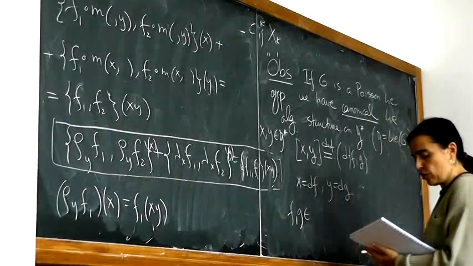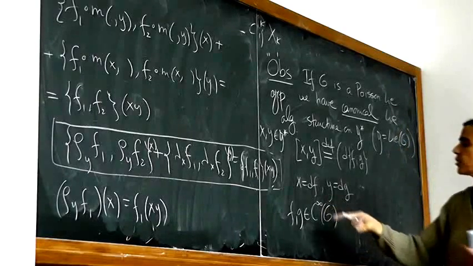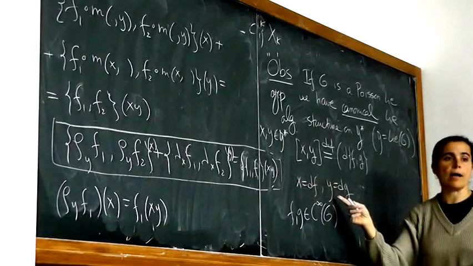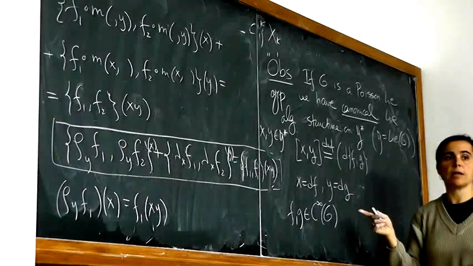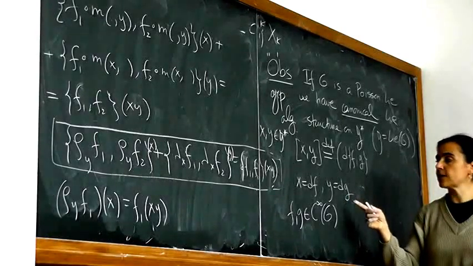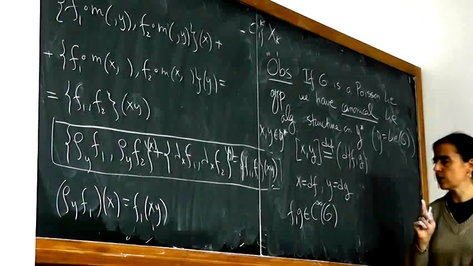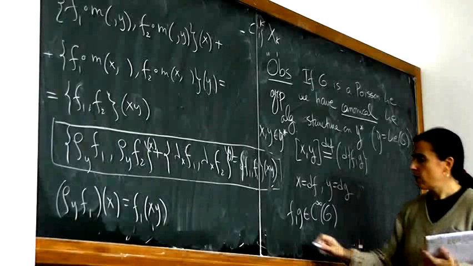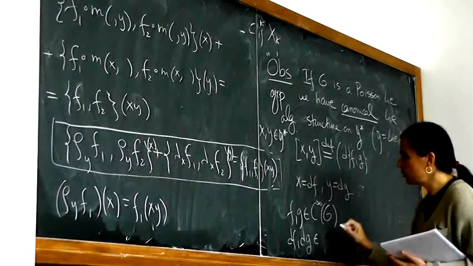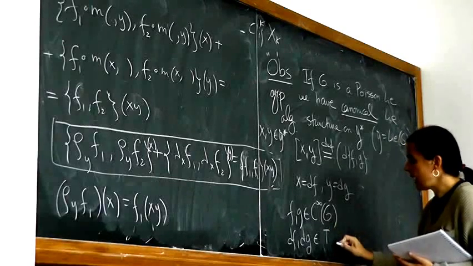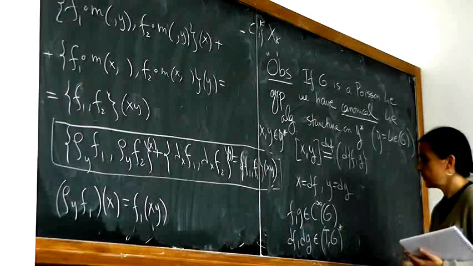I choose f and g in C infinity of G such that their differentials are x and y. You remember that the differential, we saw something slightly different. So df and dg belong to the tangent, right?